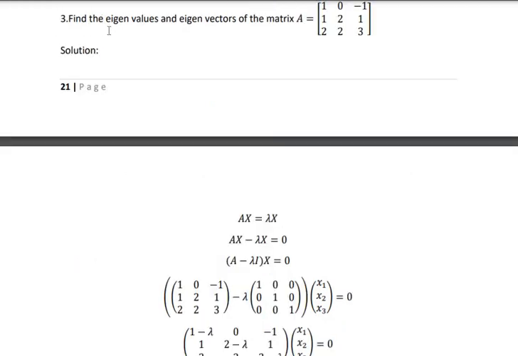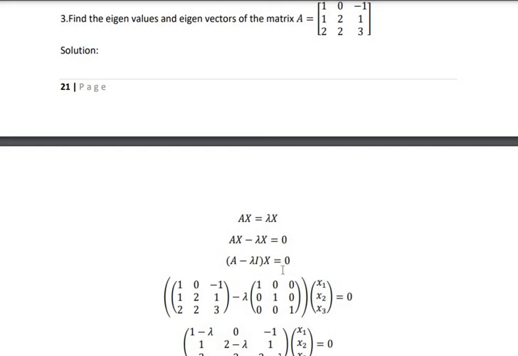Now we can find the next question, find the eigenvalues and eigenvectors of the matrix A is equal to 1 0 minus 1, 1 2 1, 2 2 3. So as we did earlier, A x is equal to lambda x, so we can substitute, so you will get A minus lambda I into x is equal to 0.